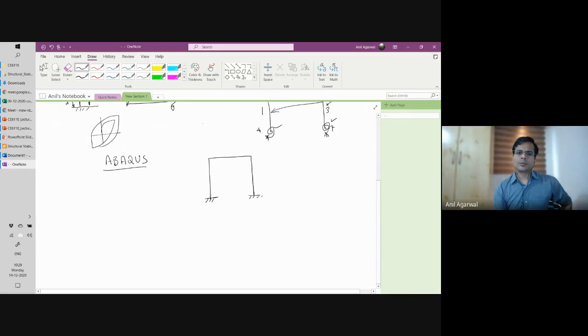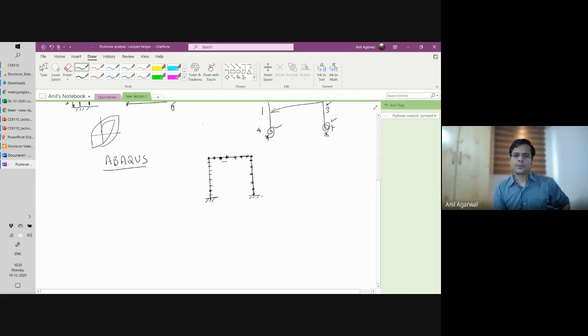Okay. Instead of saying that this entire column is a single member, they recommend you divide this into smaller segments. Okay, that is called meshing. Yeah. So at each joint here, you have a node, and then this is one element. Likewise, you divide this into smaller segments. You mesh it.